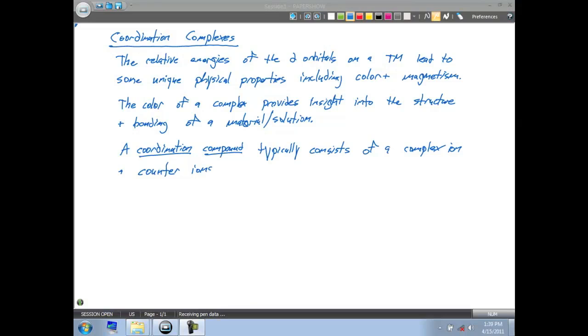And your complex ion is typically a transition metal with ligands coordinated to it, and the counter ion is just a charge carrier, just like it is for any of the other ionic compounds that we've observed before.